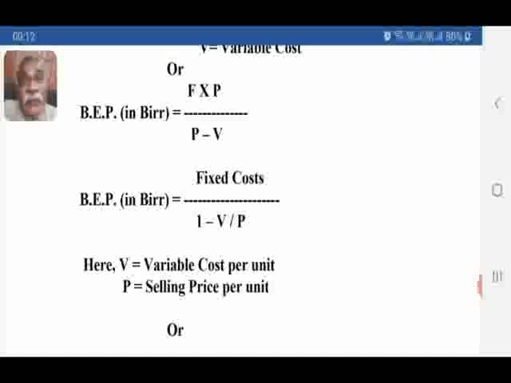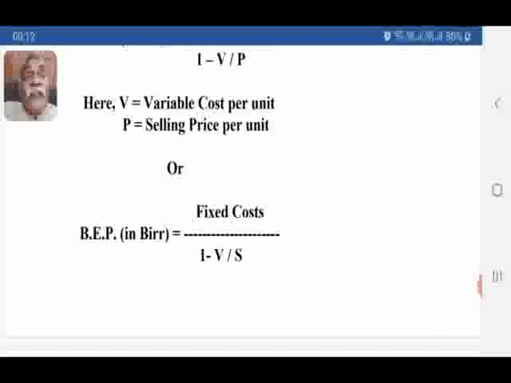Selling price per unit, that is P. You can say selling price SP per unit divided by selling price per unit minus variable cost per unit. That is S minus V. Or you can say fixed cost divided by, we divide P by P, that is P by P is equal to 1 minus V over P.